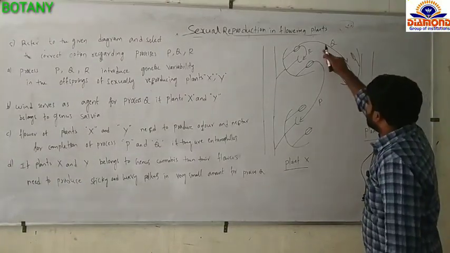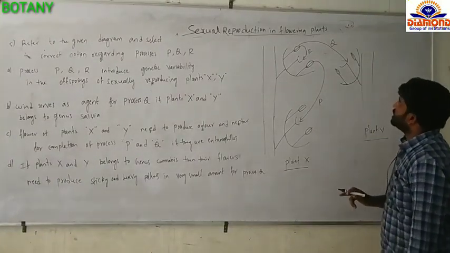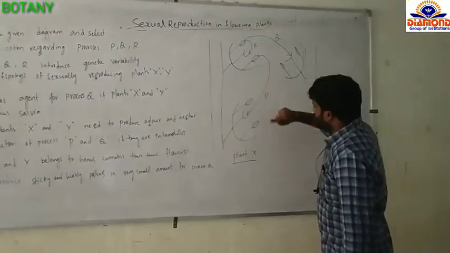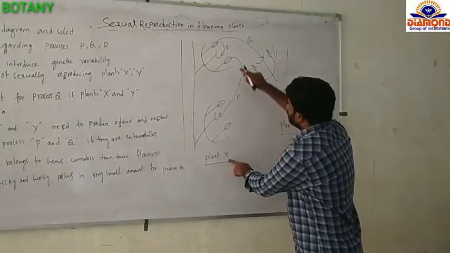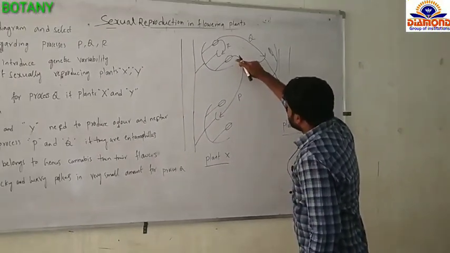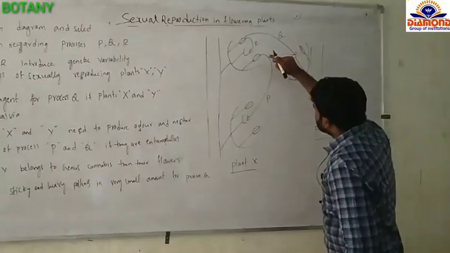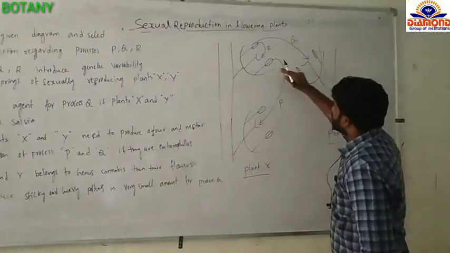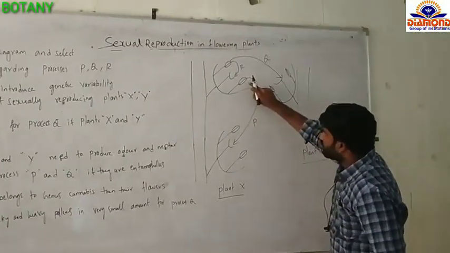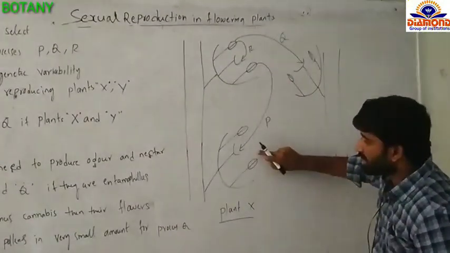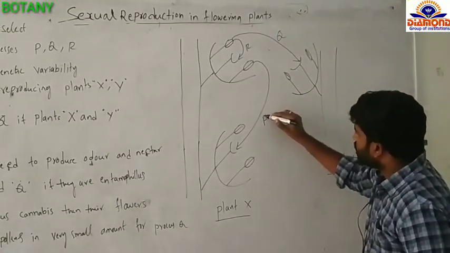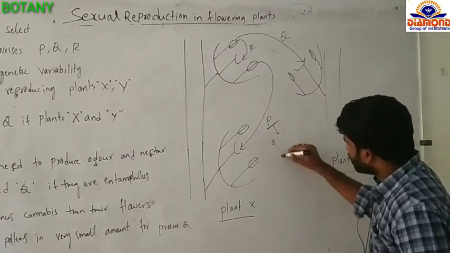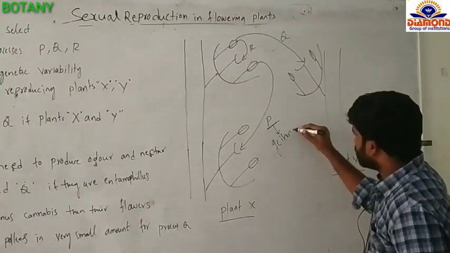These are the flowers, labeled P, Q, R. In plant X, pollen grains are transferred from the stamens of one flower to the stigma of another flower of the same plant. That is denoted as P. This type of pollination is called geitonogamy.